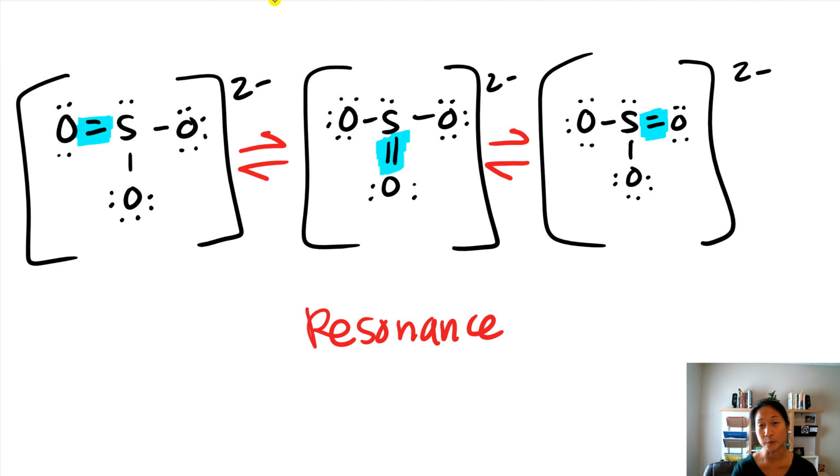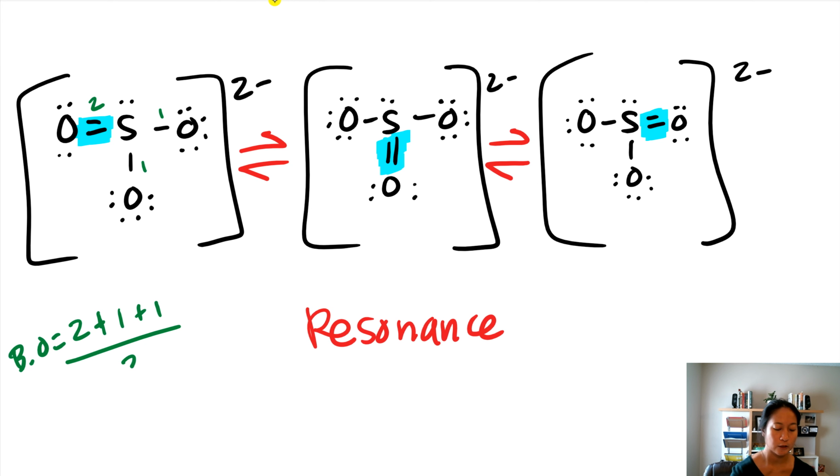So the bond order here is more like a 1.3 bond order, because here it is a bond order of 2, here it's a bond order of 1, 1. 2 plus 1 plus 1, all being shared between 3 locations. That's going to be 4 over 3, which is a 1.33 bond order. More on that later.